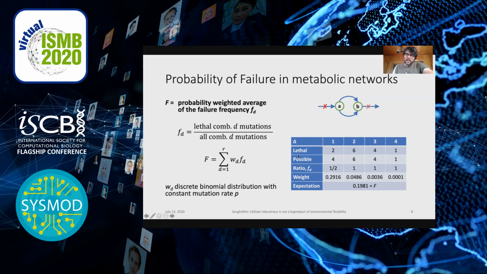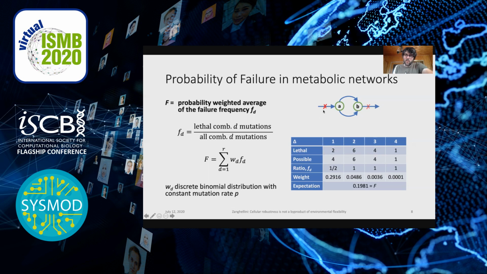Okay, now let's do this on this example. So basically we have here our simple example, and let's look at what happens if we do one knockout or one mutation. We could have a mutation here or there, and both of these lead to a lethal state. So we have two lethal combinations, and how many mutations are possible?